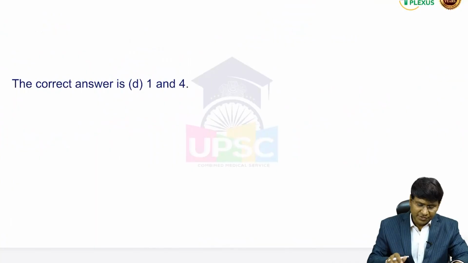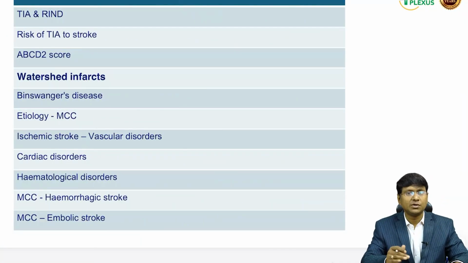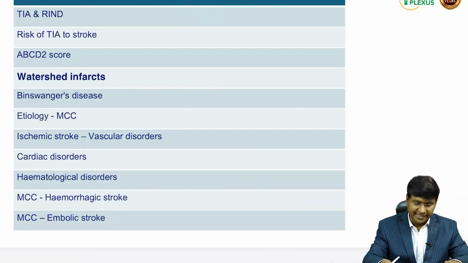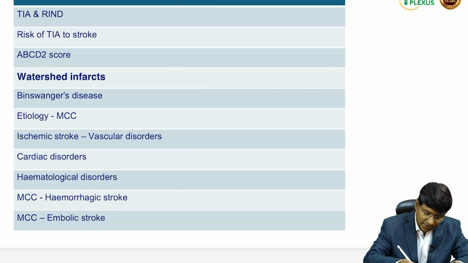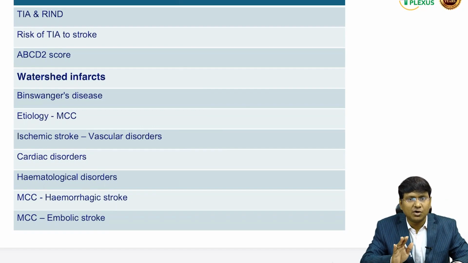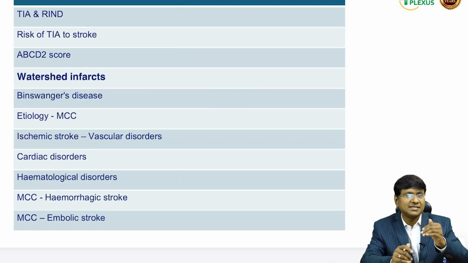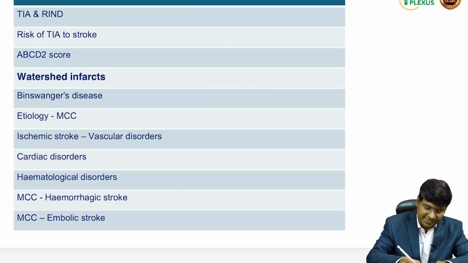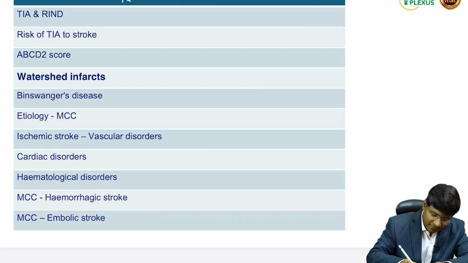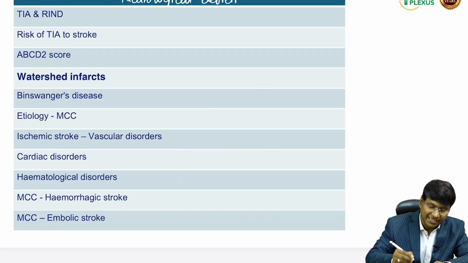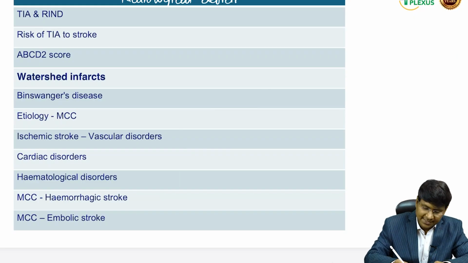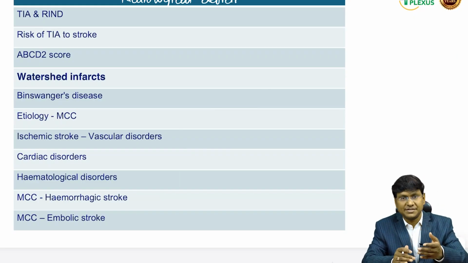Now, let us see the definition of stroke, TIA, and the detailed discussion of stroke. The definition of stroke is the scenario where there is sudden onset neurological deficit, and this is of vascular basis.